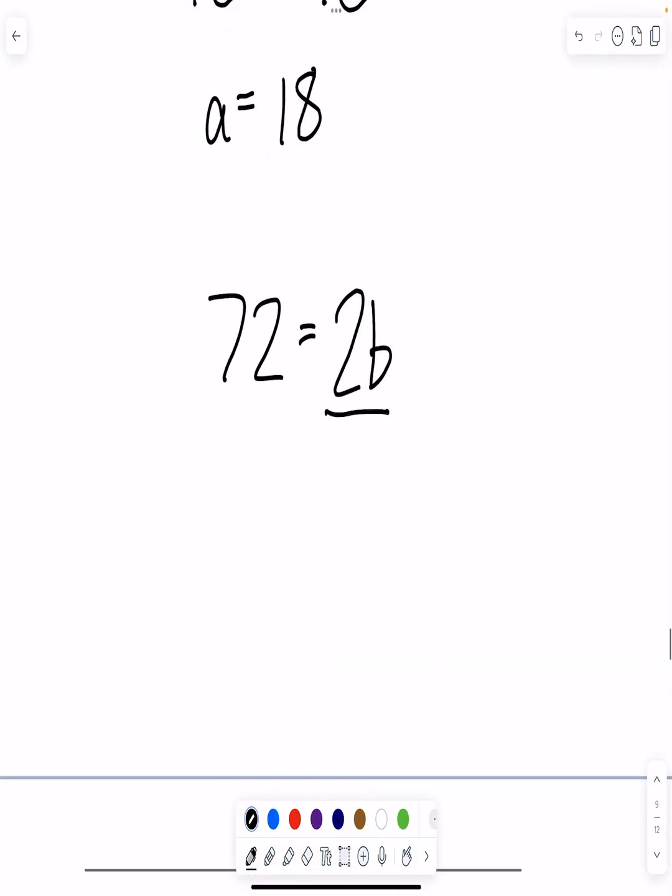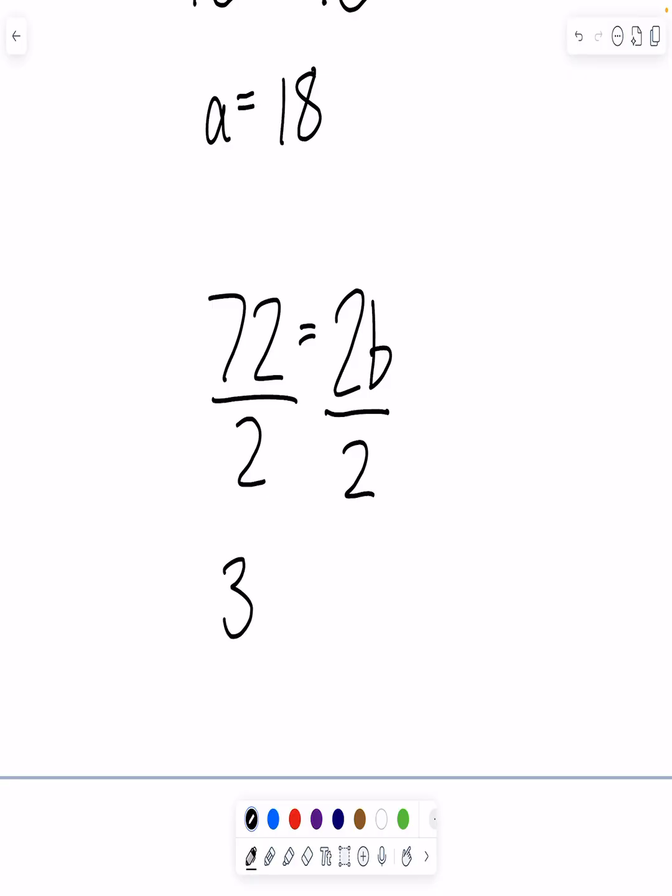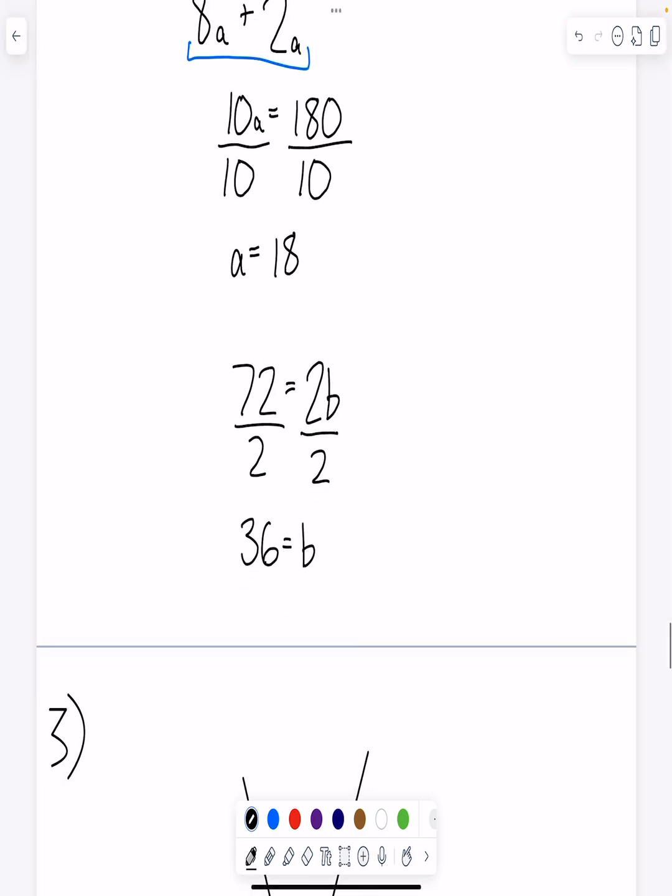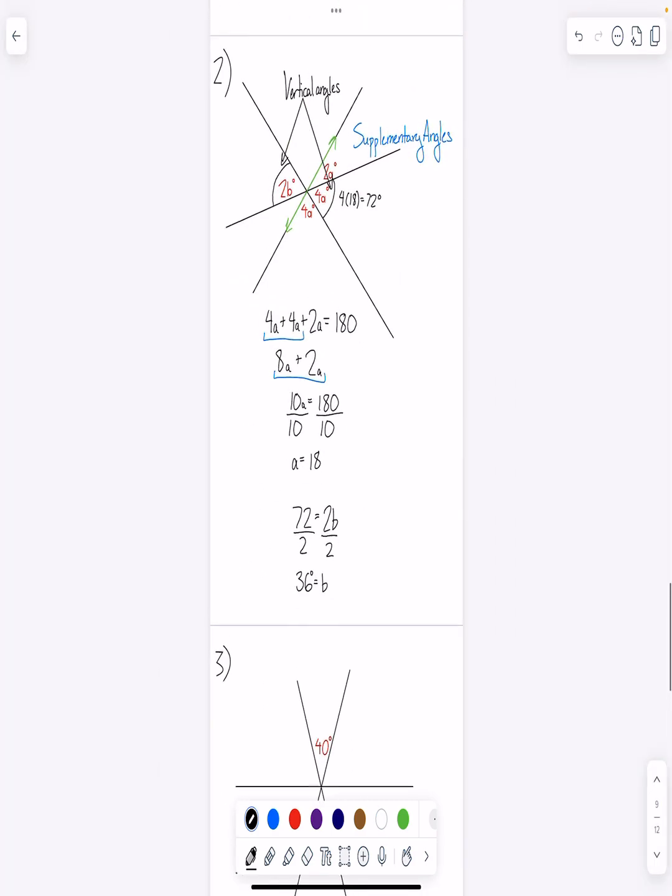I'm going to divide both sides by 2, and 72 divided by 2 is 36. So that is how we would figure that out.